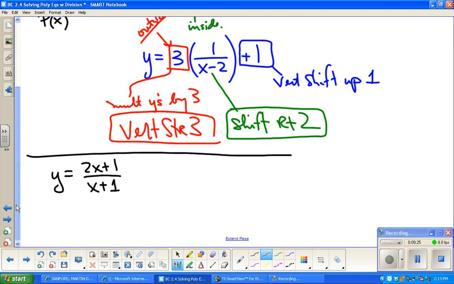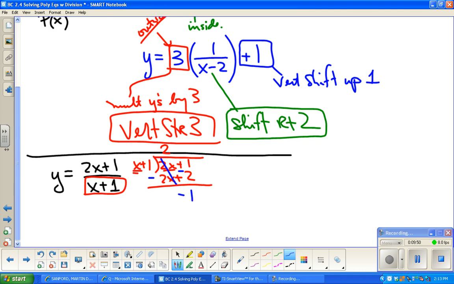What we're going to do is change it to that form, and we do that by dividing. So this is the same thing as 2x plus 1 divided by x plus 1. Now, x times what is 2x? That's 2. Multiply, and then we'll do a little subtraction. So that's gone. This is -1.